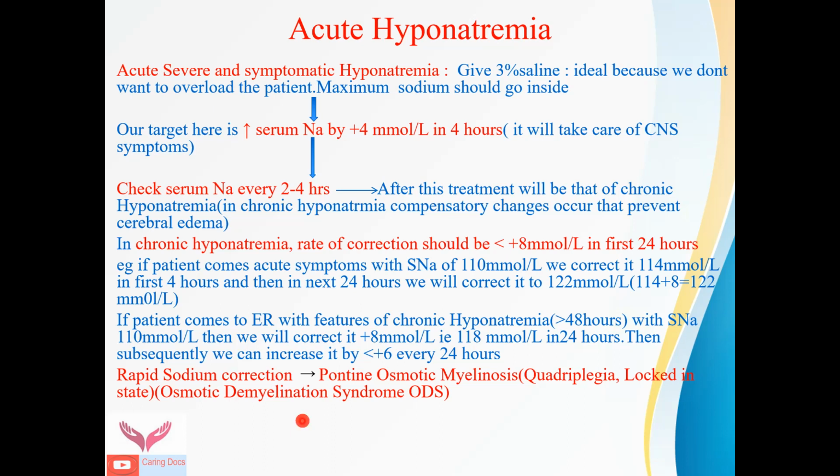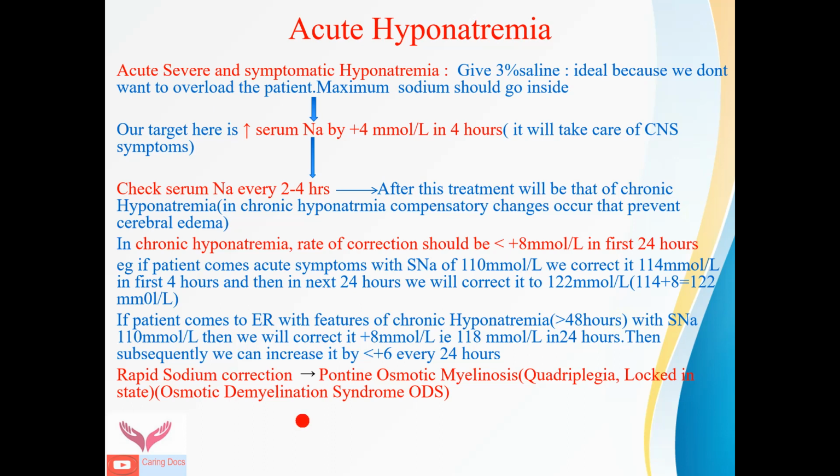In acute hyponatremia, our initial target should be to increase the serum sodium by 4 millimole per liter in the first 4 hours. It will take care of the CNS symptoms. Then we check the sodium every 2 to 4 hours. After this, treatment will be that of chronic hyponatremia.